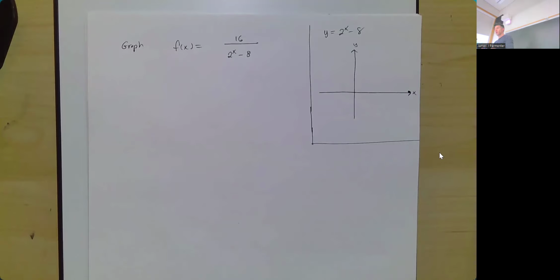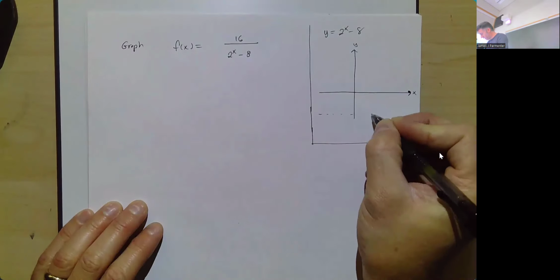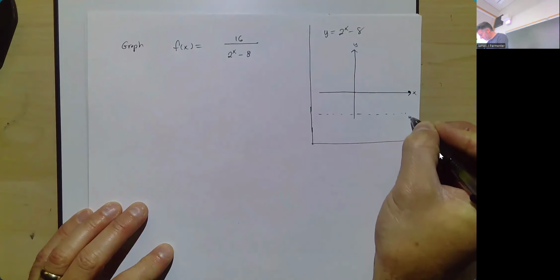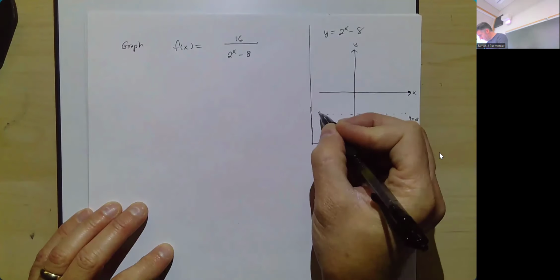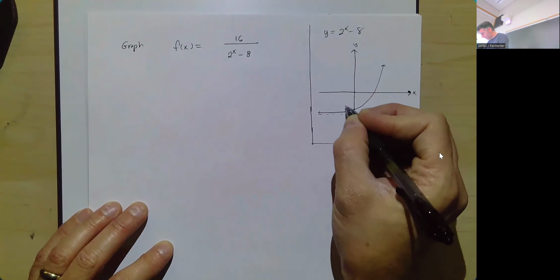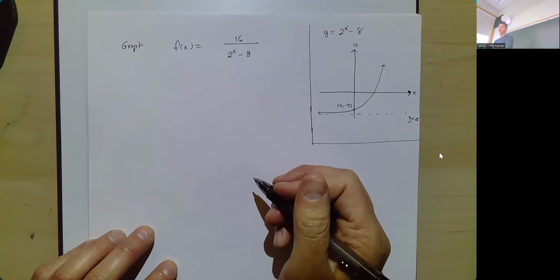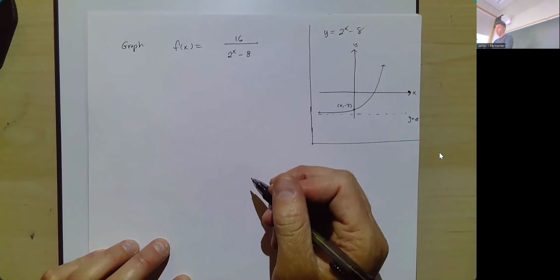Appreciate it. All right, so 2 to the x minus 8 is the usual exponential function shifted down by 8. So we're going to have a horizontal asymptote at y equal to -8. It's going to look vaguely like this. It does have a y-intercept of (0, -7). I just plugged in 0 for x, and 2 to the 0 minus 8 is 1 minus 8.